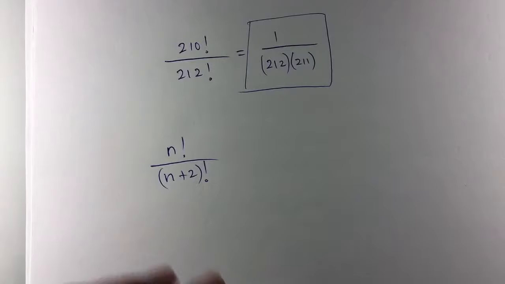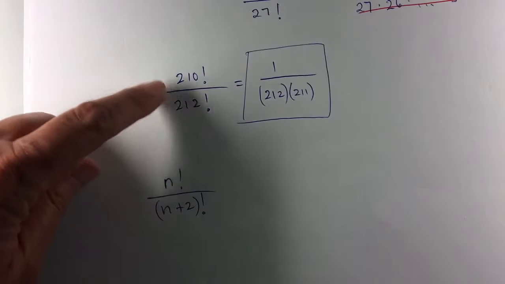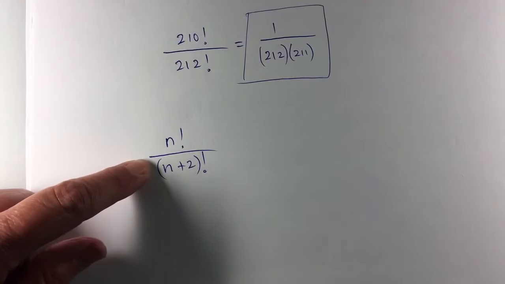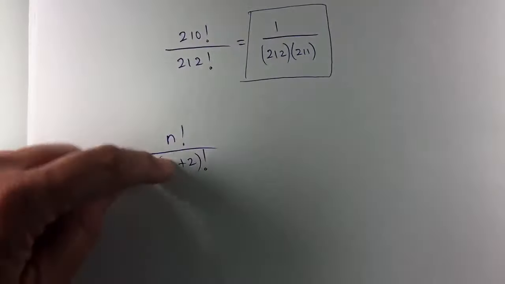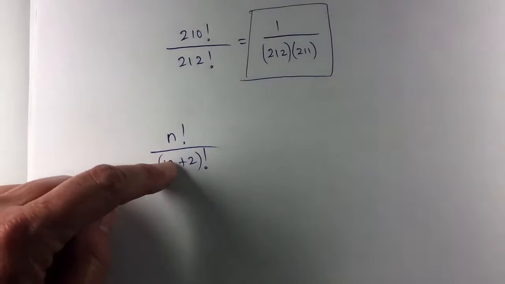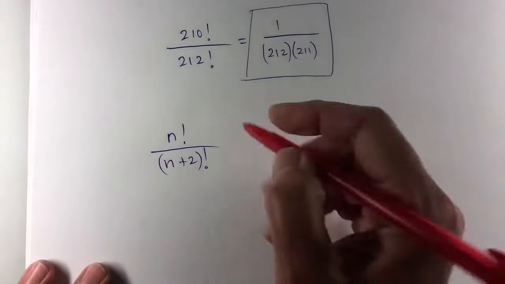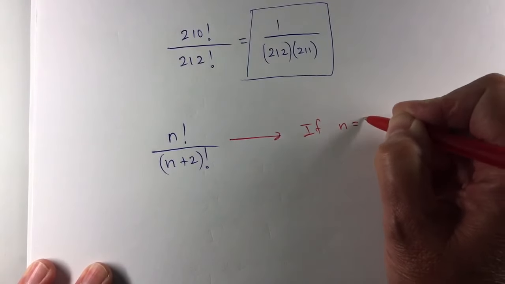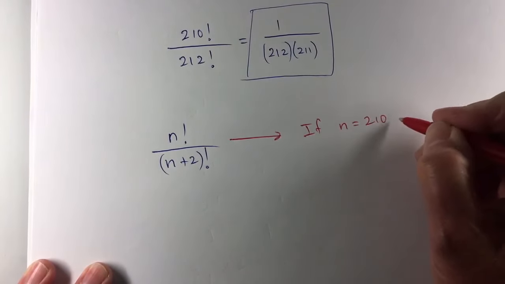But at the very least, you need to know what's going on with a problem like this to know what's going on with a problem like this. Because actually, these two are very similar. Look, on this problem, what do we get if n is 210?